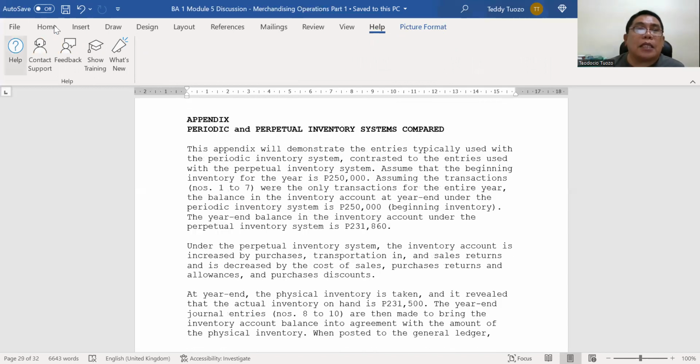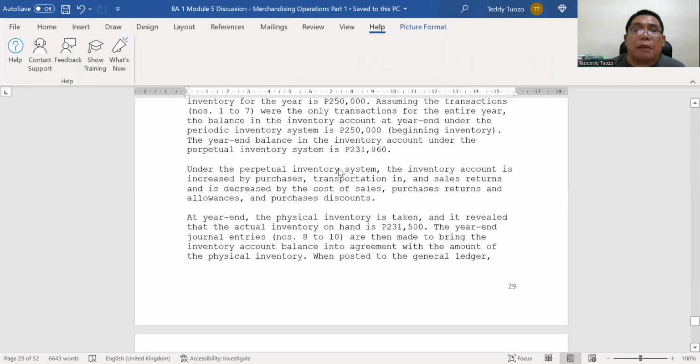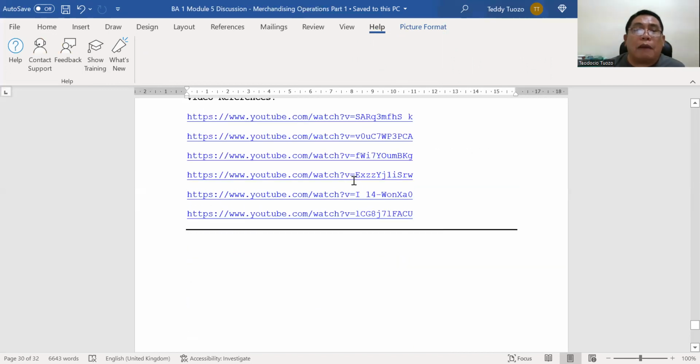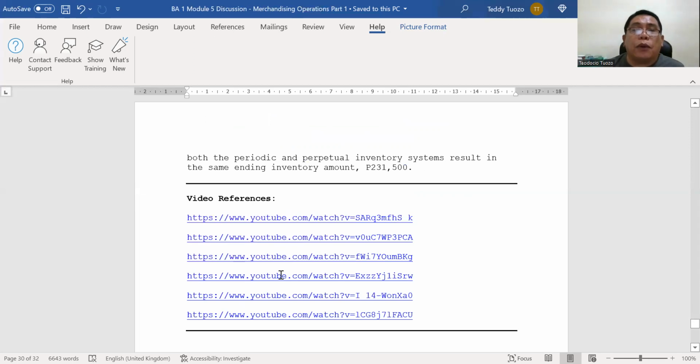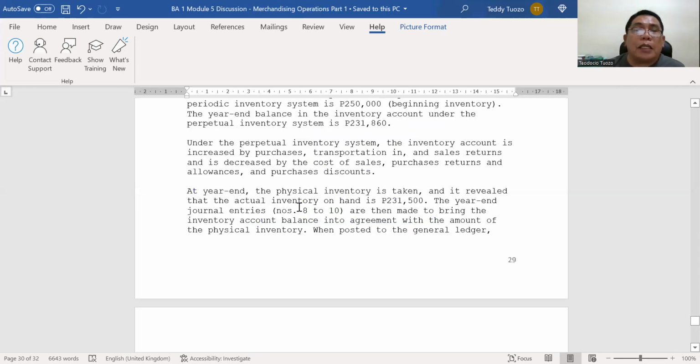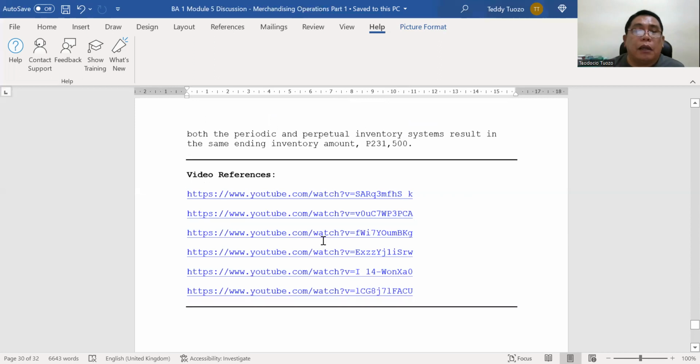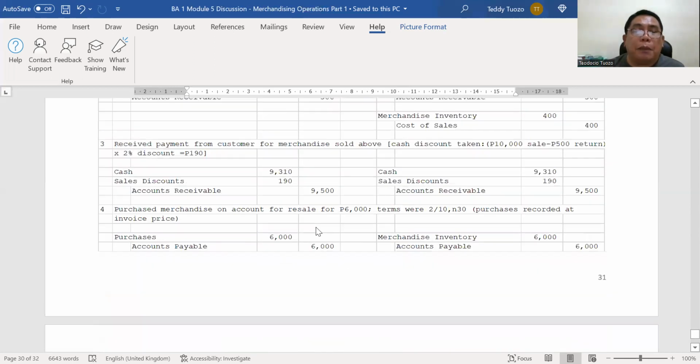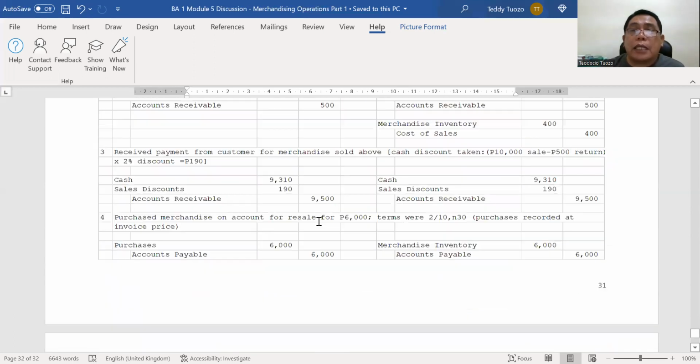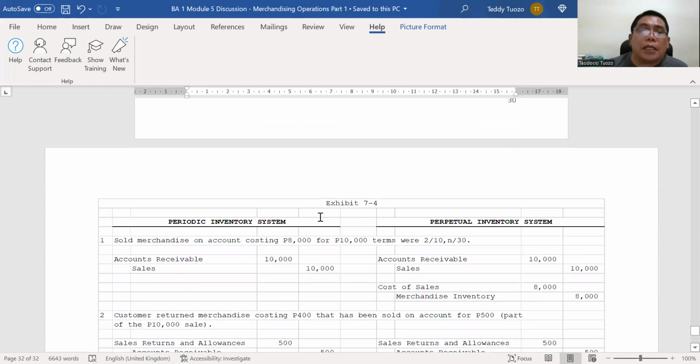Operating expenses. So, the periodic and perpetual inventory systems are now explained. I have the video here for your reference. Subsequent to this would be the problem, an example problem for a merchandising business.